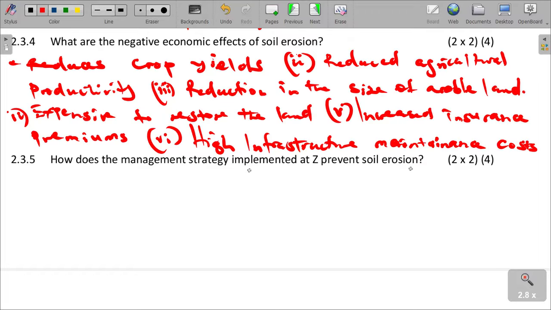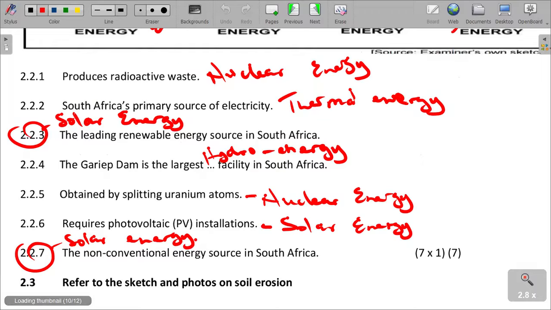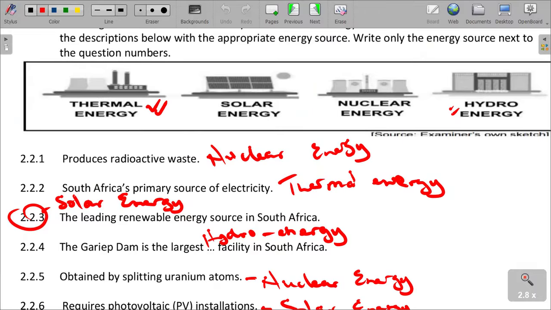How do the management strategies implemented at Z prevent soil erosion? Let's just see the photograph.